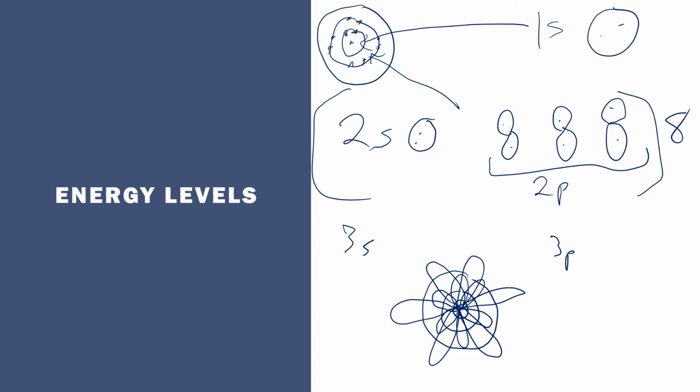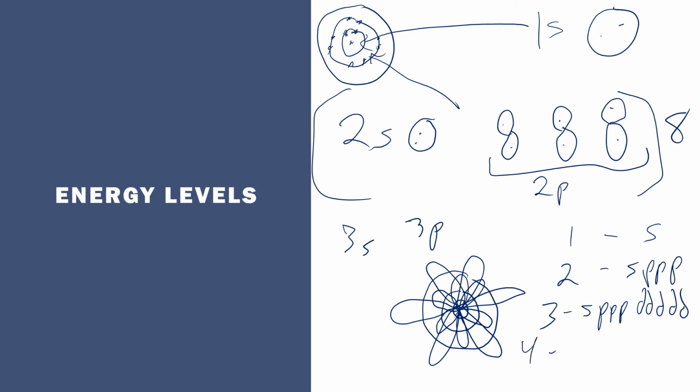So what about those d and f orbitals? Let's talk about those a little bit. I'm going to move this over to 3p. So in the first energy level, we only have s. In the second energy level, we have an s and 3 p's. In the third energy level, we have an s, 3 p's, and 5 d's.